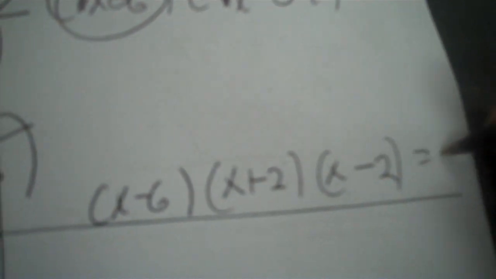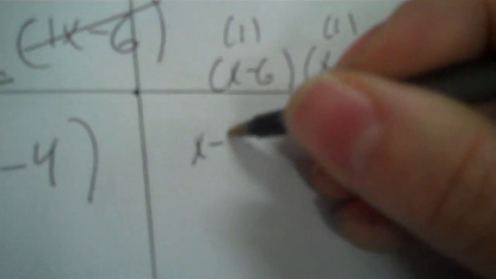Now that's a minus, but x is not a perfect square, so that gets dropped. That's a minus. x to the second is a perfect square. 4 is 2 times 2. So one answer comes out of each one.